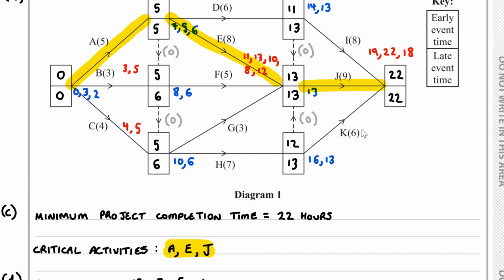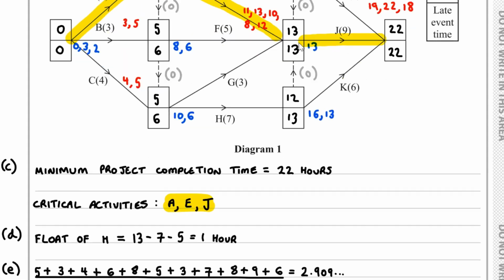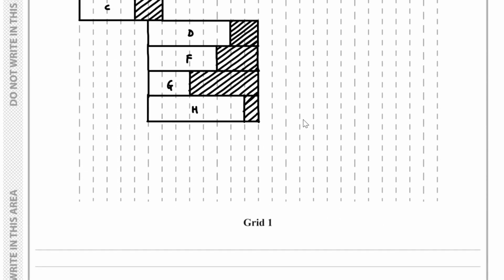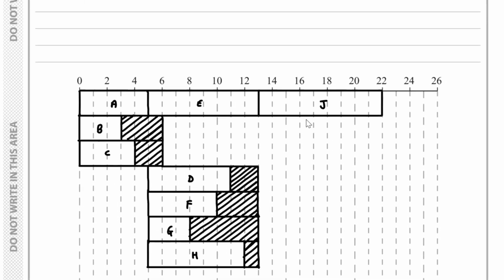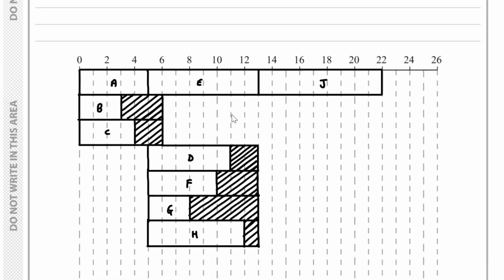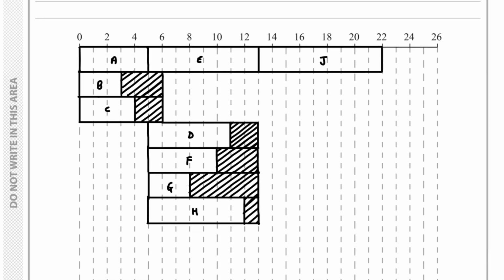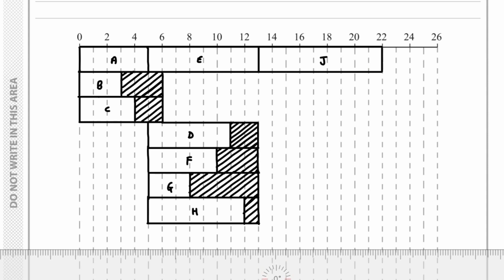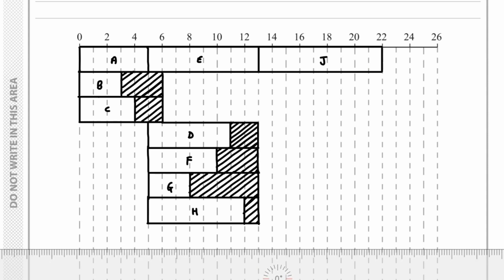And then we've got I and K, which we need to complete as well. So I, that starts at 11. So let's add this in. So 11, that's over here. So if we draw a line, okay, from I, that's over here at 11, and it goes up to 22.